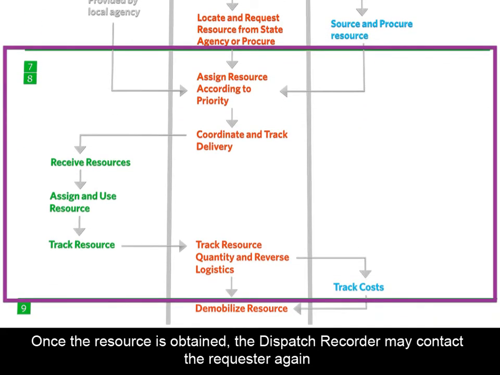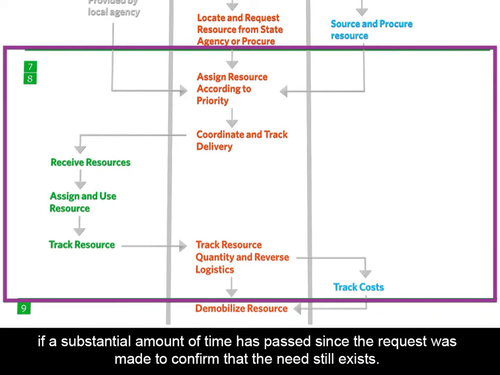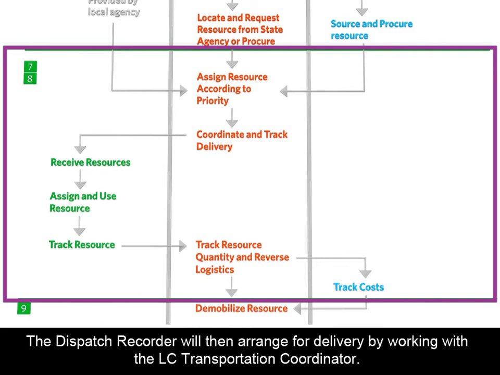Once the resource is obtained, the dispatch recorder may contact the requester again if a substantial amount of time has passed since the request was made, to confirm that the need still exists. The dispatch recorder will then arrange for delivery by working with the LC Transportation Coordinator.